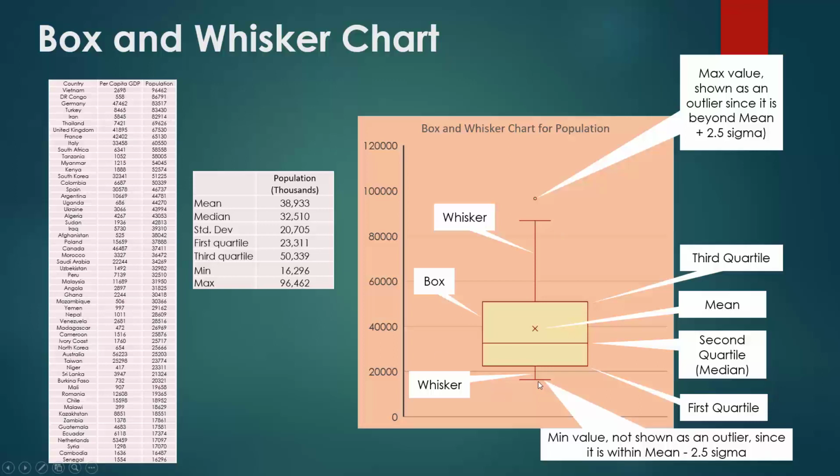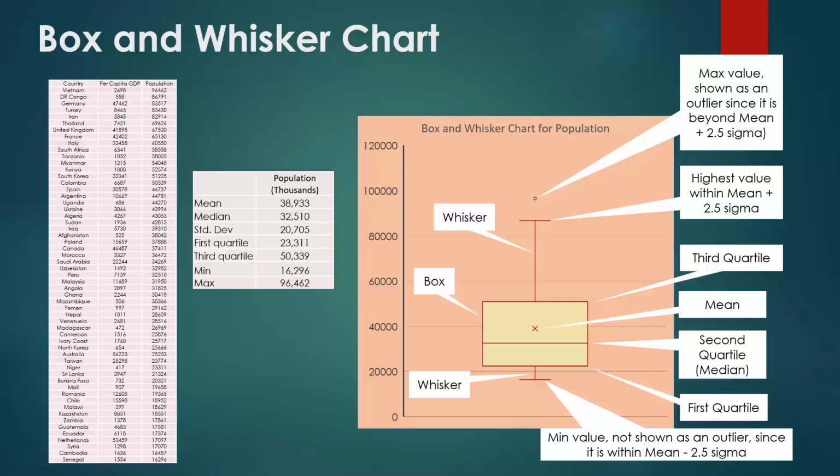There's no outlier here because this end of this whisker is at 2.5 sigma from the mean. It's not exactly at 2.5 sigma, but at the last value within mean minus 2.5 sigma. It wants to go 2.5 sigma below, but the last value ends much before that, so it just shows you the minimum value.